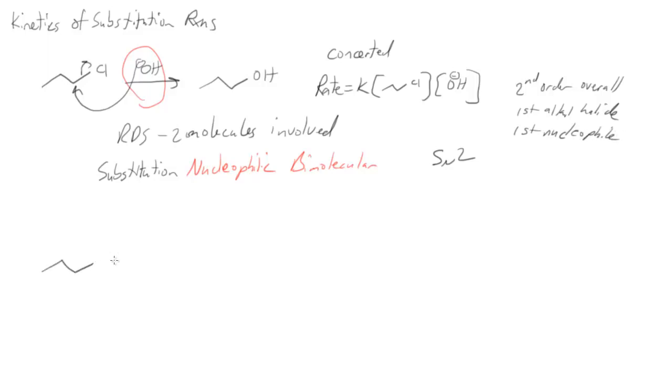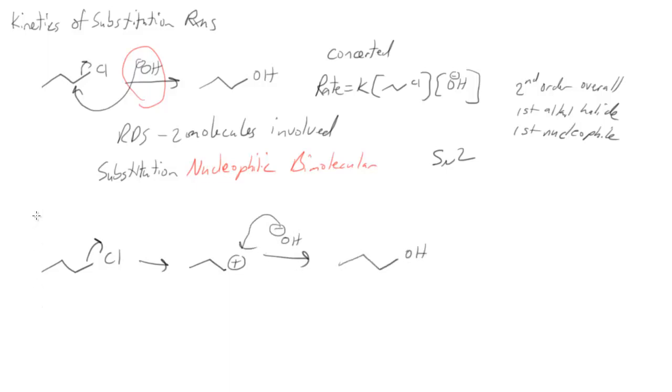Then the other limiting case is the case where the bond to the halogen breaks first and makes an intermediate. The intermediate then reacts with the nucleophile to give the product.